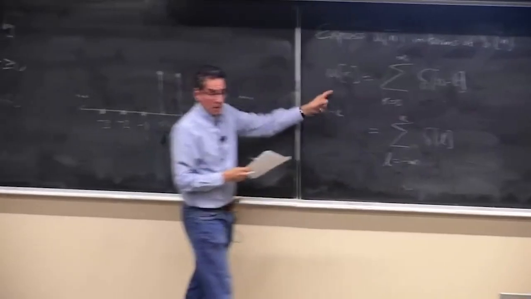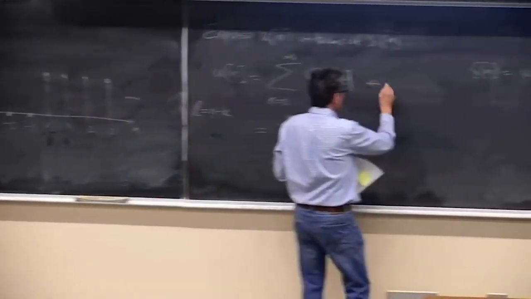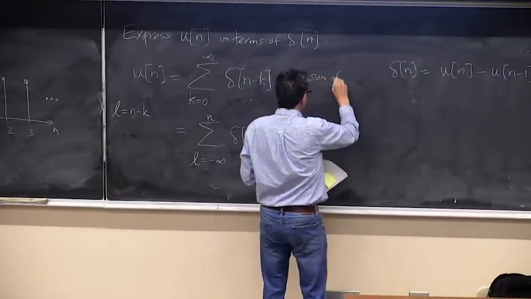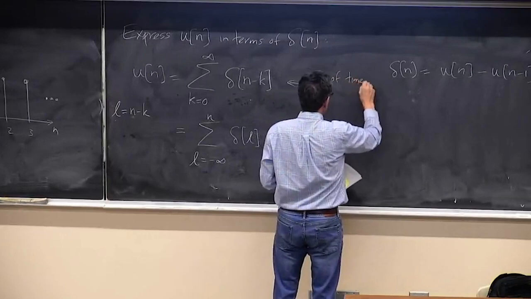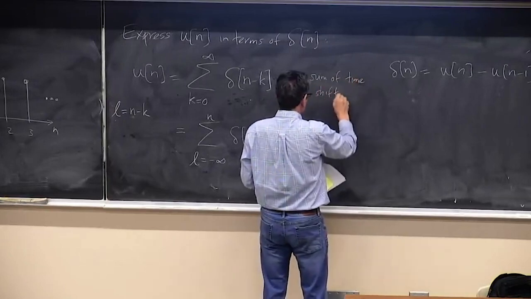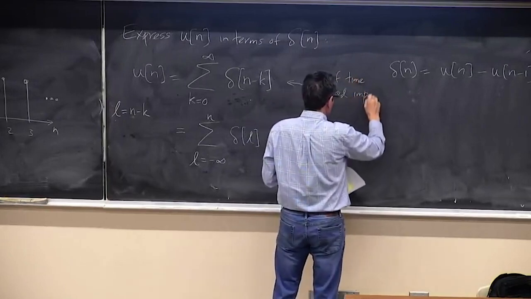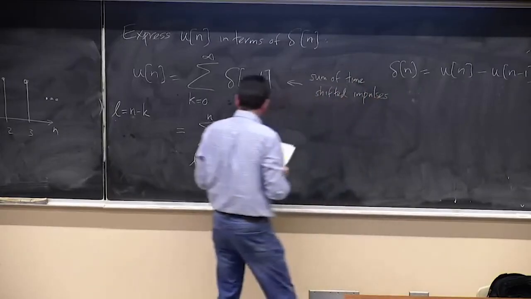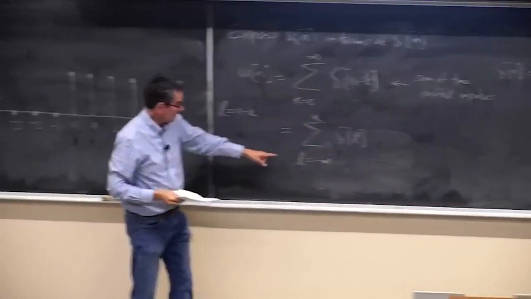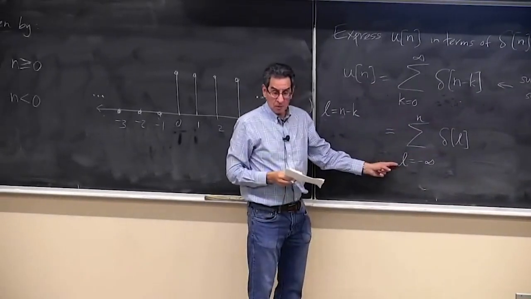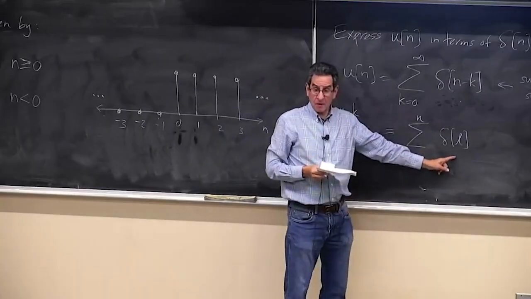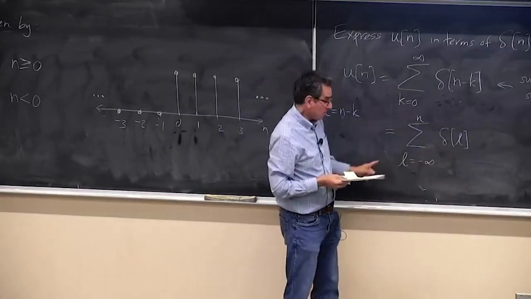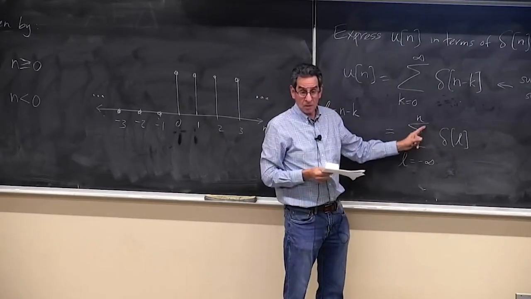So this thing we thought of as a sum of time-shifted impulses. But what is this thing equal to? I mean, how can we visualize this? Here, L is the time variable, and we're summing from L equals minus infinity up to n.